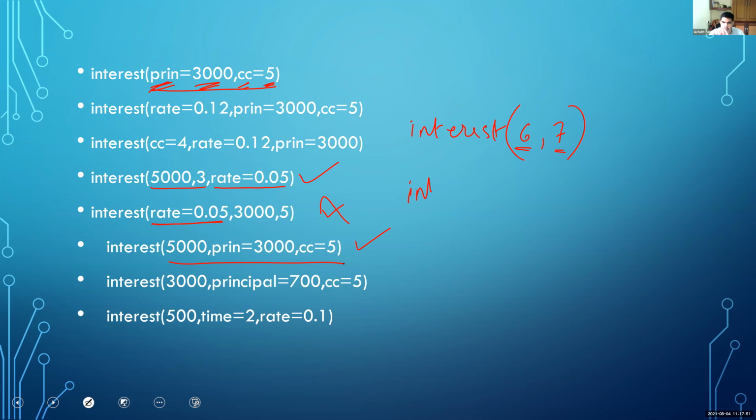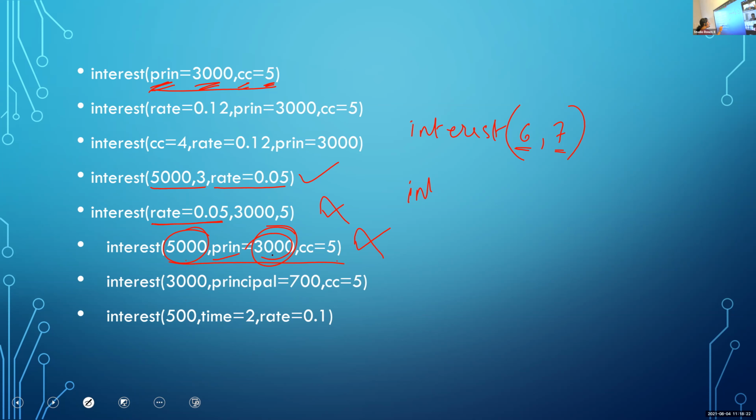The problem is we are assigning multiple values to print. This is an invalid statement because, based on positional value, this 5000 is assigned to print. Automatically, the first value is assigned to print. But again, I am using a keyword argument for assigning the value 3000 to print.